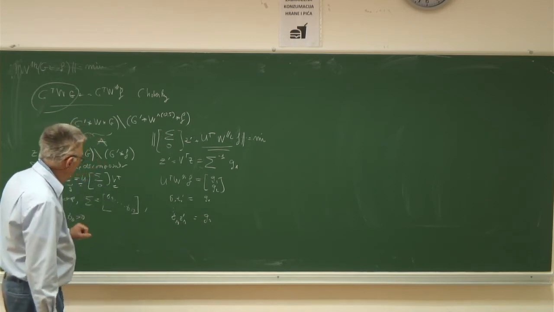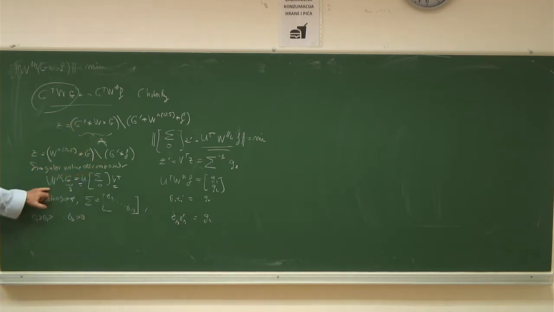First of all, the condition number of this matrix is the square root of the condition number of this matrix. So if there are very small eigenvalues here, there will be better singular values here.